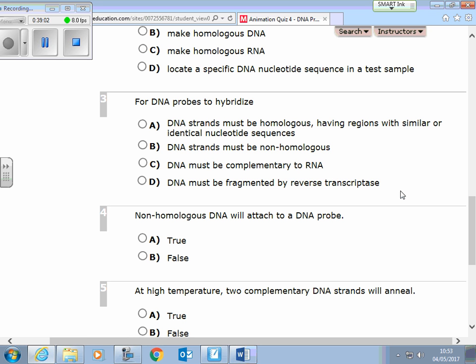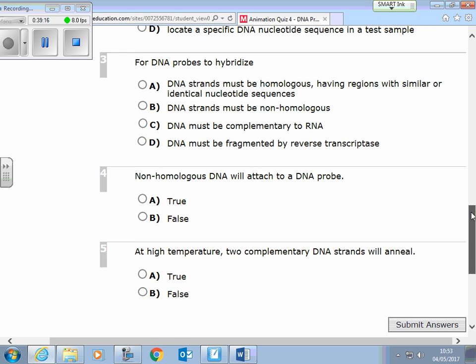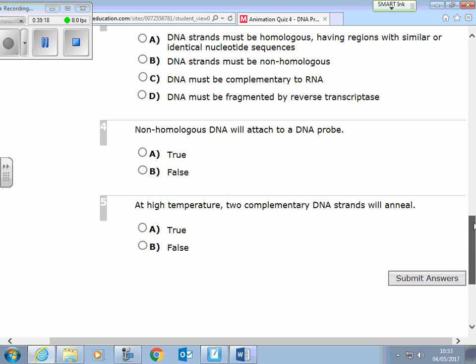Not the same. So that is a slightly confusing question. And the thing is, none of this involves RNA, so we know that's not the answer. But I would say that's a dodgy question.